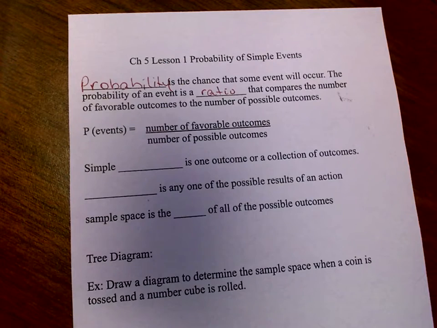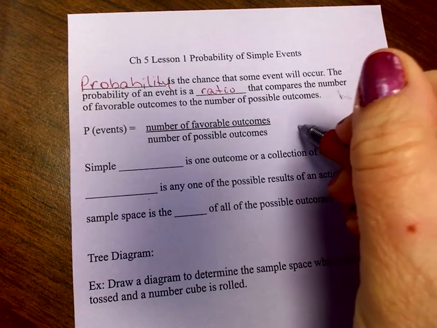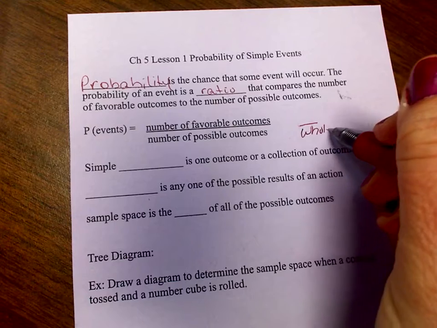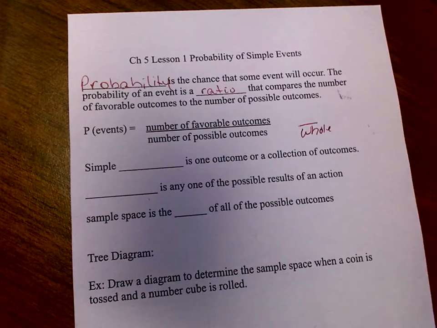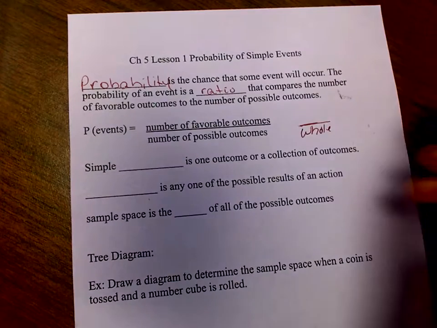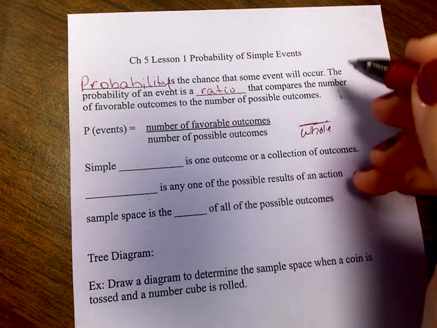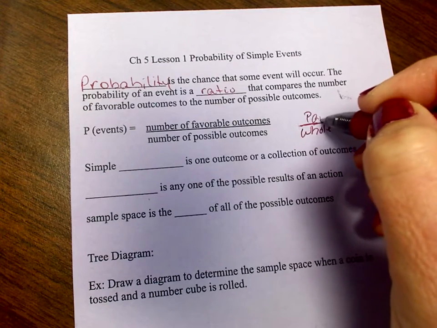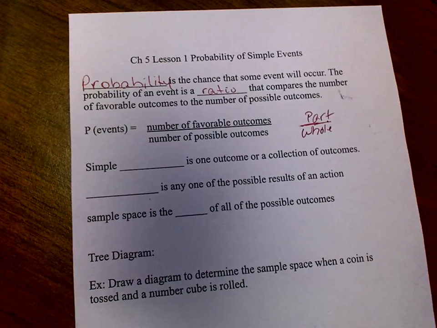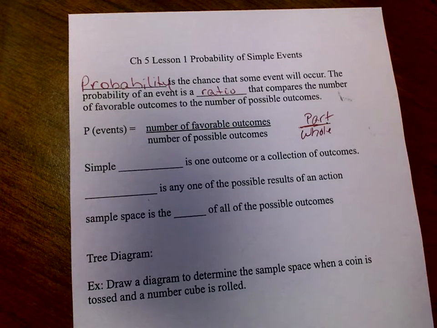So the possible number of outcomes, that's going to be your whole. How many possible outcomes could there be? And then the favorable outcomes is considered your part. Okay? So if that helps you remember, great.